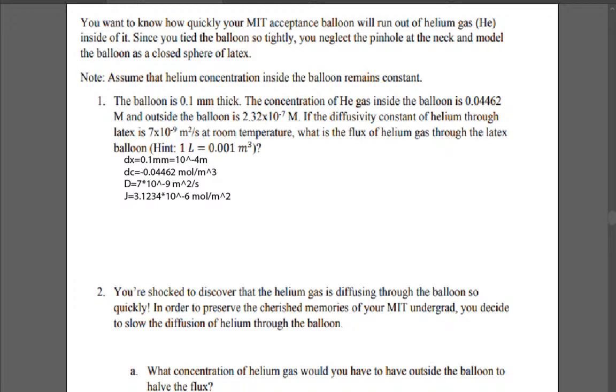Wait, why do you have 1 liter? Do you use liters? You do use liters, yeah. So that's moles per liter. That's true, which would mean that I need to convert the volume first. So that's 1 liter. Oh, L is liters. So 1 liter is 0.001 cubic meters, so you just need to divide it by 0.001.